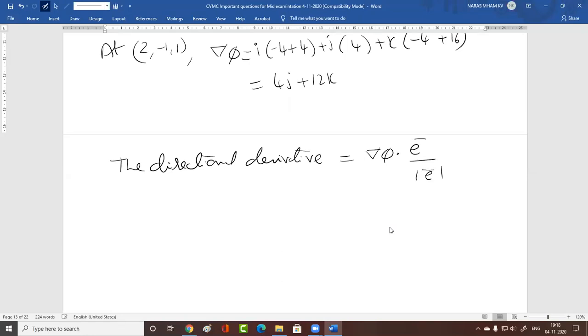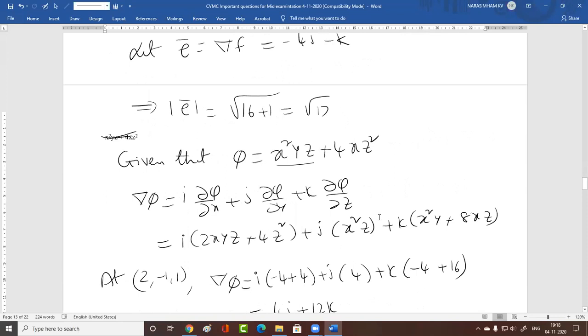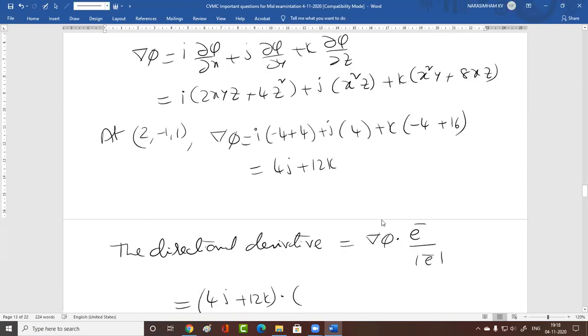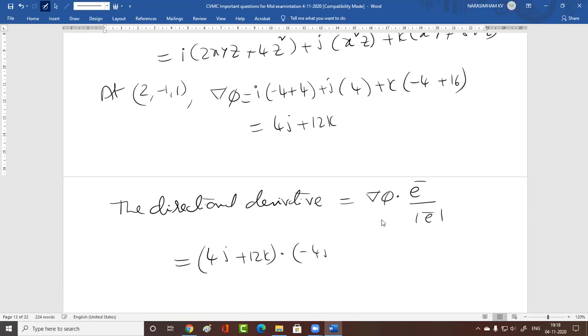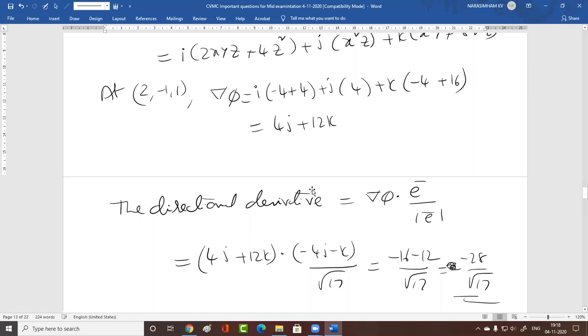Now del phi is known, 4j plus 12k, dot E bar is also known, so minus 4j minus k by root 17. So the dot product is nothing but the j coefficient: minus 16 minus 12 by root 17. So the value is minus 28 by root 17. Okay, check the numerical calculation carefully.